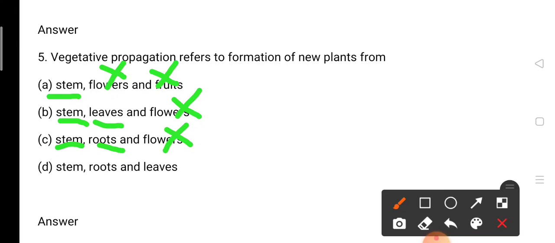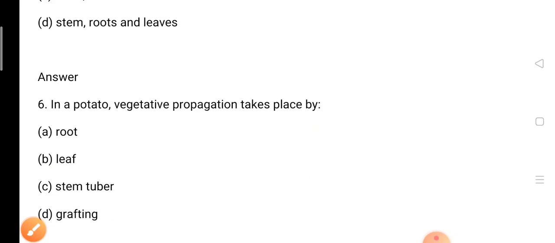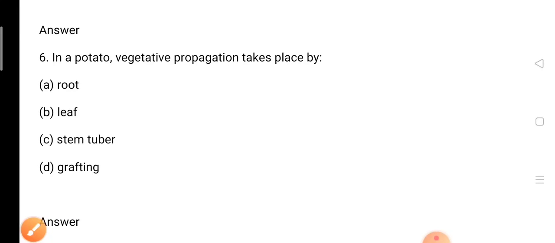And in option D, stem, roots and leaves, these are all vegetative parts of the plant. So our correct option is option D. It means stem, roots and leaves are the parts of the plant that lead to the formation of a new plant through vegetative propagation.